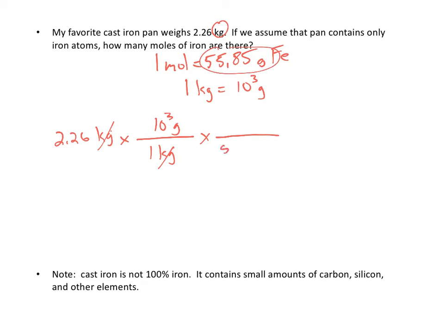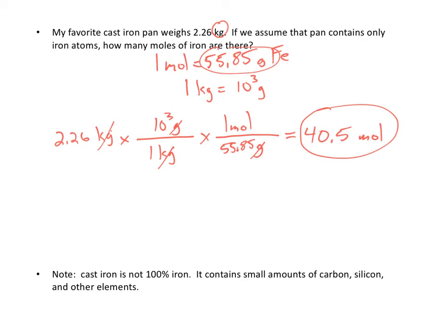So I need to put 55.85 grams on the bottom, and then 1 mole on top. So my grams will cancel. And so I'll do 2.26 times 10 to the 3rd, divide that by 55.85, and I find that my cast iron pan contains 40.5 moles of iron.